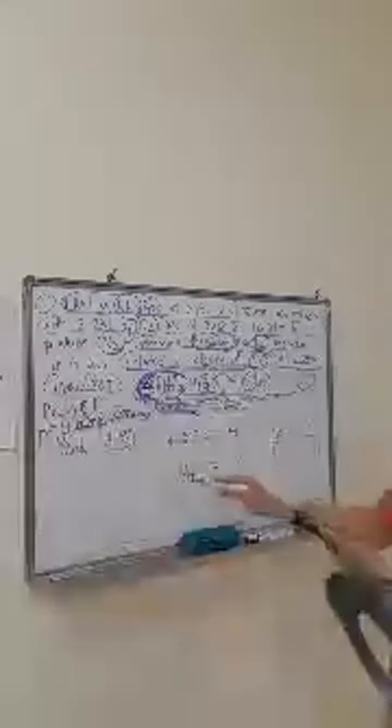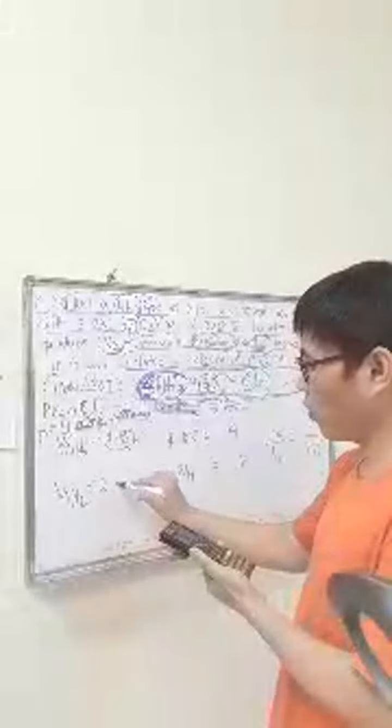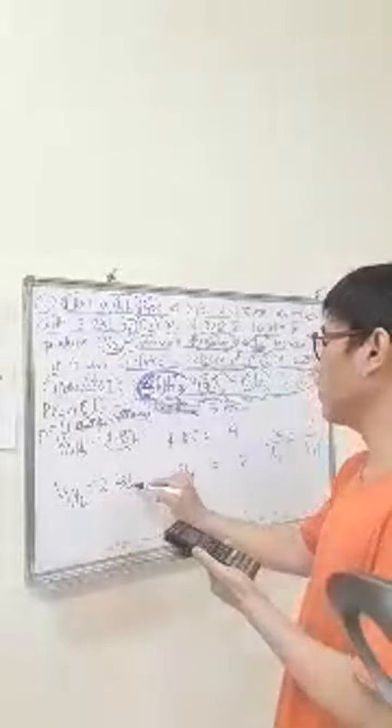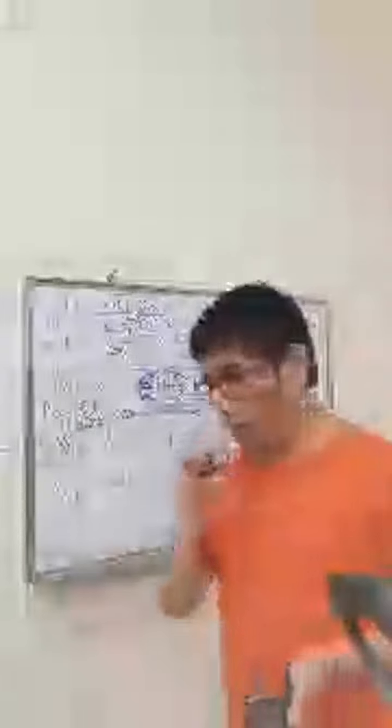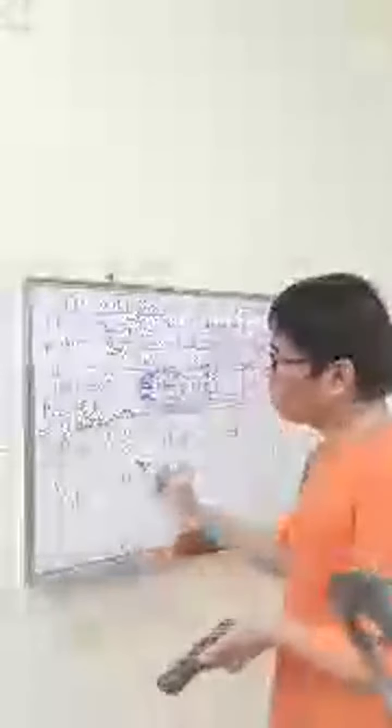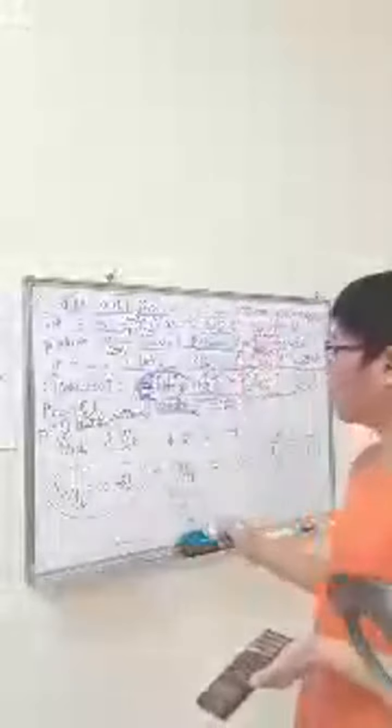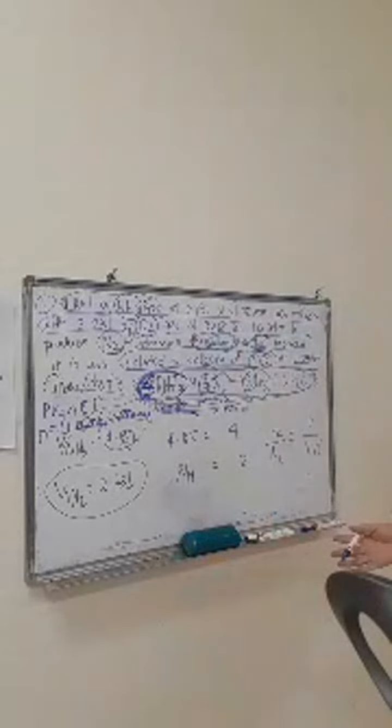So the volume 1 of nitrogen is equal to 2.43 liters. We obtained already the initial volume of nitrogen by using the ratio and proportion with the volumes and the number of moles of ammonia and oxygen gas.